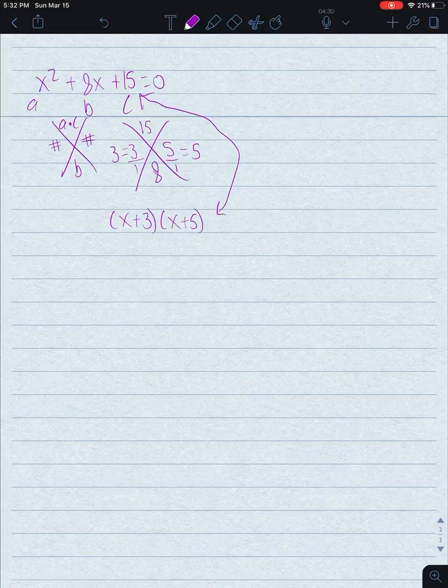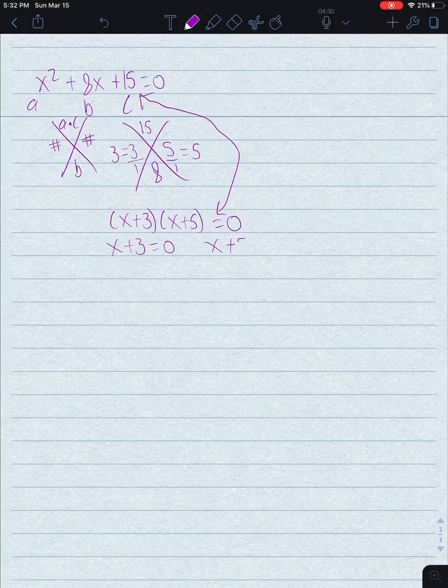And what we started with was equal to 0. So then these factors down here are also equal to 0. If I have two things that are equal to 0, to figure out what x needs to be, we look at the factors individually. So we look at x plus 3 on its own, and we find out what would make that equal to 0.